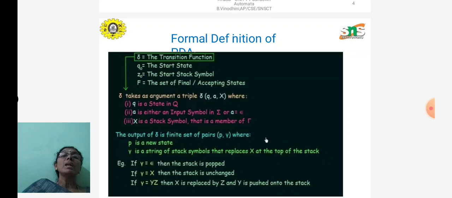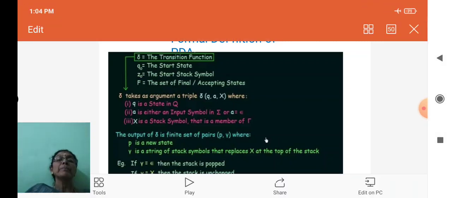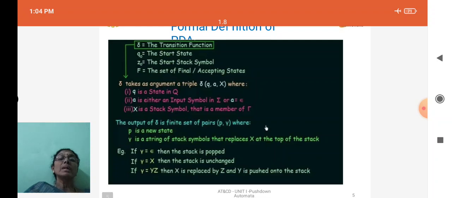For example, since the argument is a triple, the output of that transition is a finite set of pairs like p comma gamma, where p is a new state and gamma is a string of stack symbols that replaces the X at the top of the stack. For example, if gamma is equal to epsilon, the stack is popped. If gamma is X itself, there is no change and the stack is unchanged.